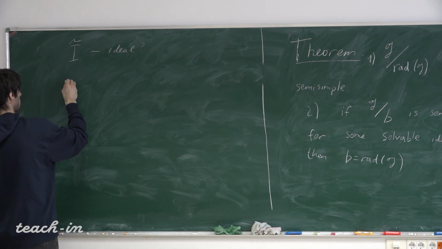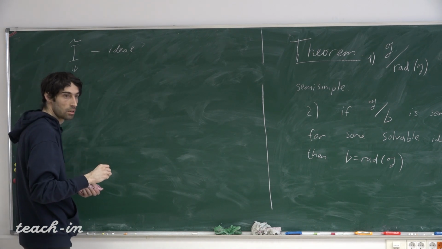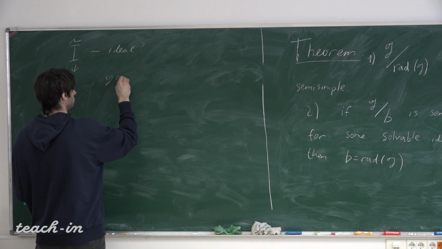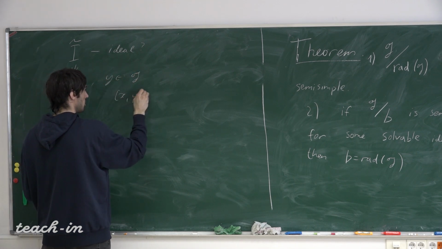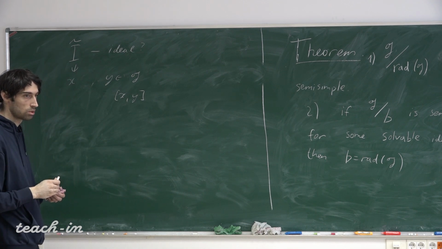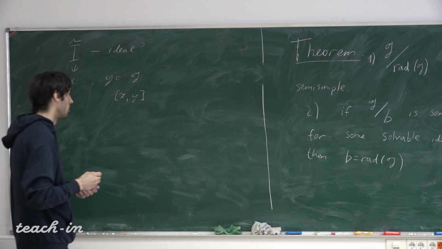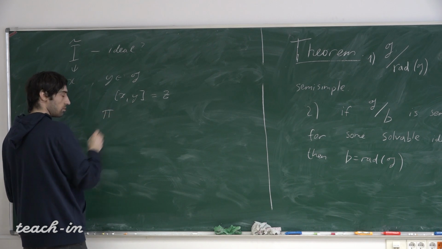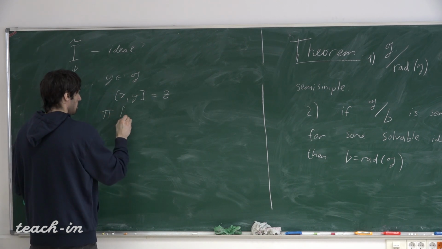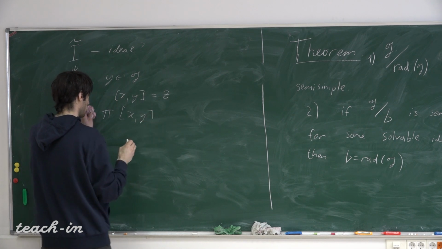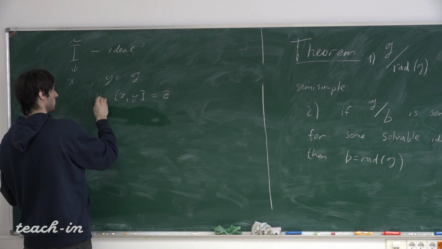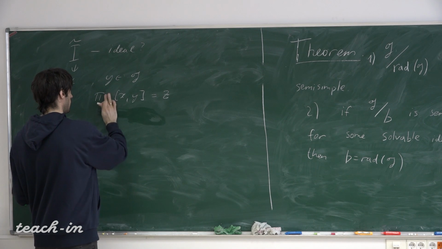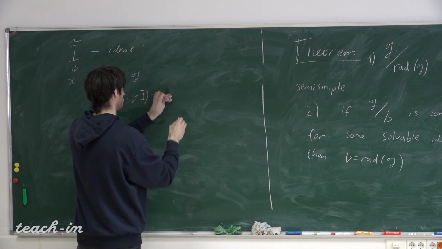So I take some x inside I tilde, y in G, and take the commutator, which should be in I tilde. So let me take pi of this, pi of both sides under projection. So pi of this equals pi of this.